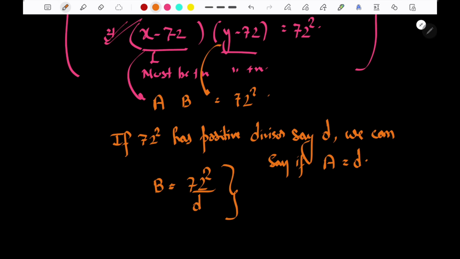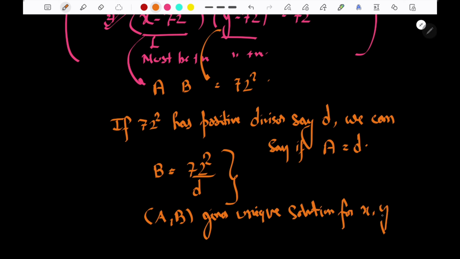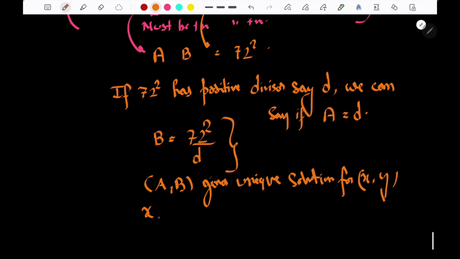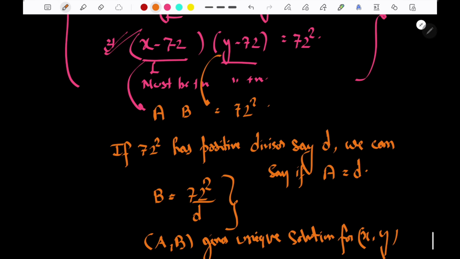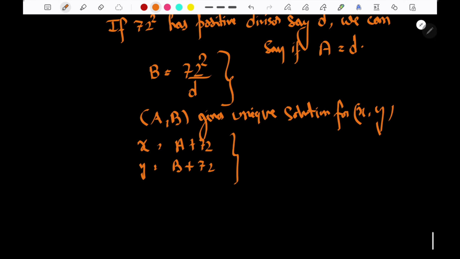So this gives a unique solution for x, y. Basically, if x minus 72 is equal to a, then x is equal to a plus 72 and y is equal to b plus 72.